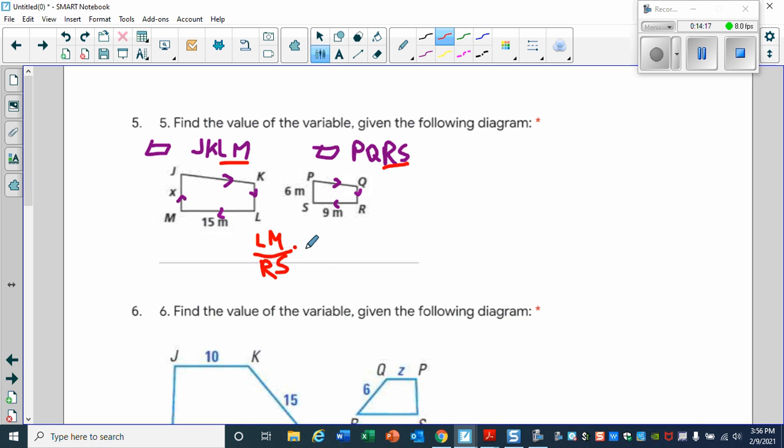And similarly, S to P. Remember, S to P is going to be on the bottom. That corresponds to M to J, which is on the top.